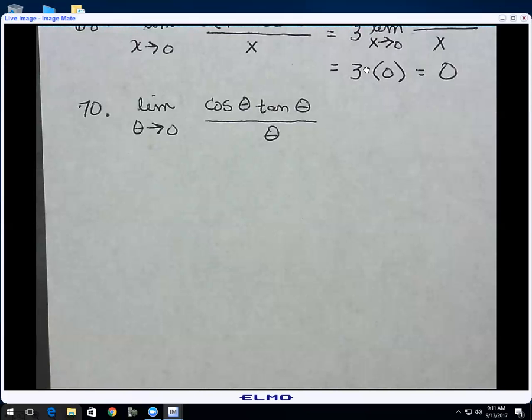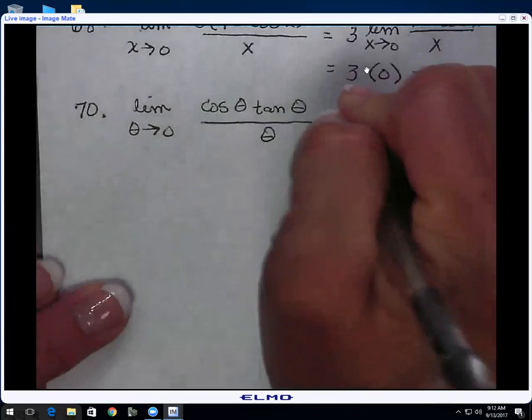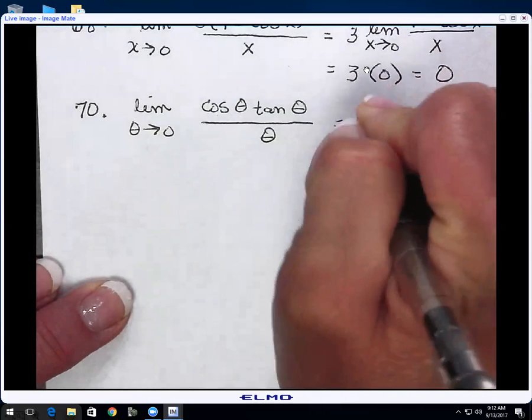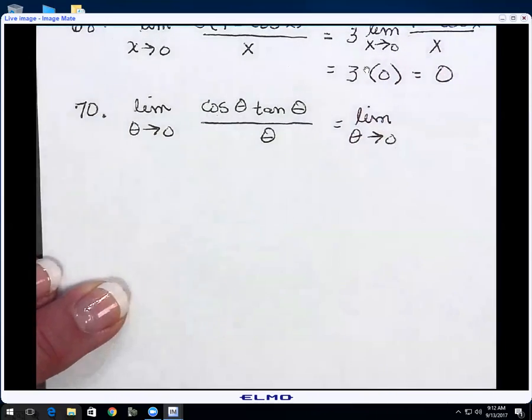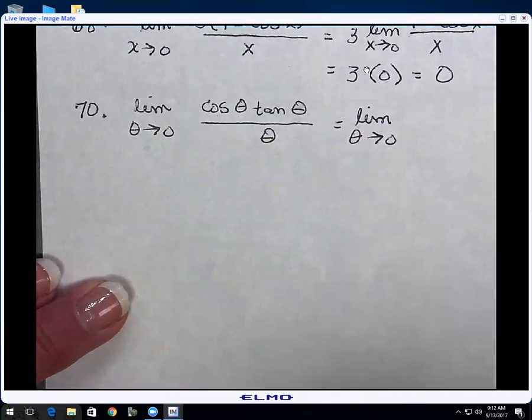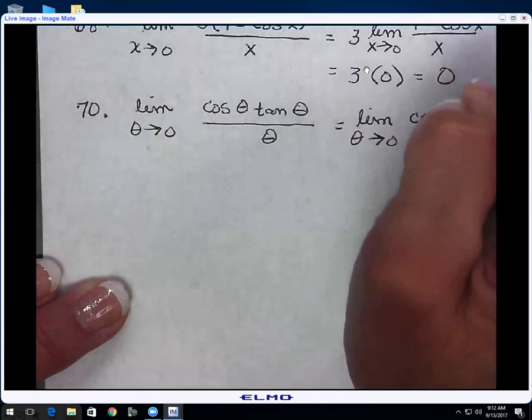We can simplify cosine times tangent. Now, I'm going to write in the middle step for anybody who needs it. If you can do this in your head and you skip the middle step, that's absolutely fine. But I don't want anybody to get home and look at their notes and go, what the heck?